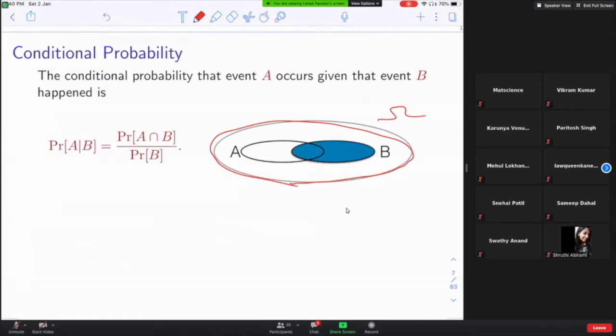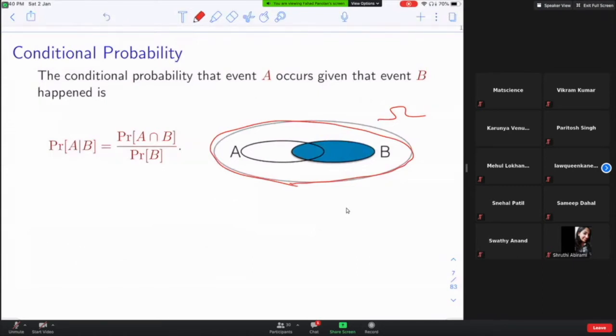How do you make it so? You just multiply every element within B by a factor of 1 divided by the probability of B. Then the sum of the new weights within B will be equal to 1. So you can think of B as a new sample space: B happened, now within B, what is going to happen.